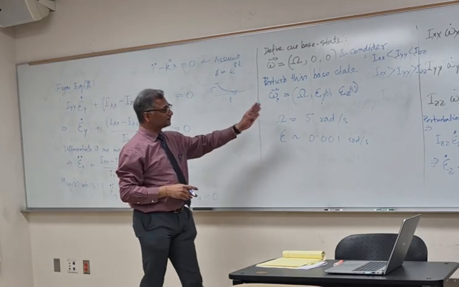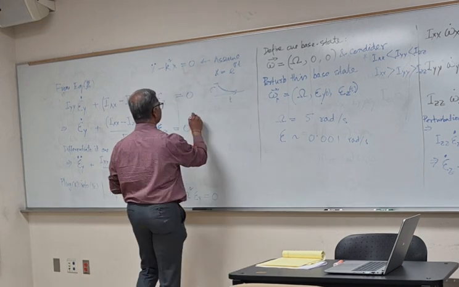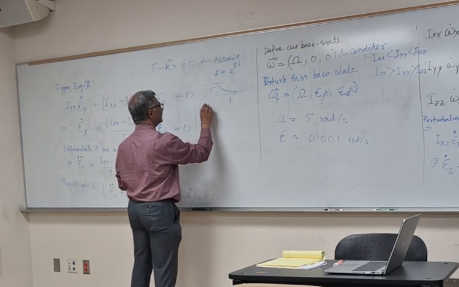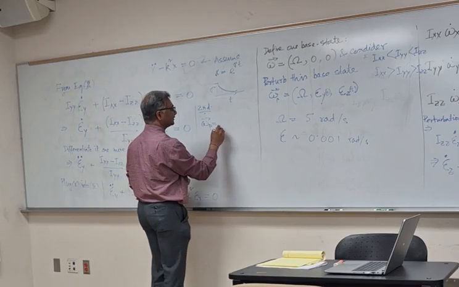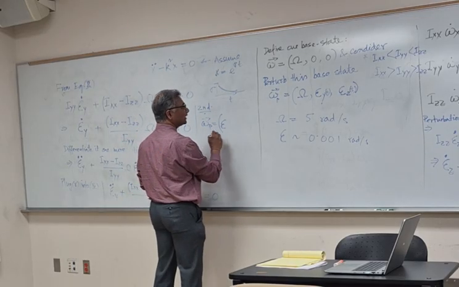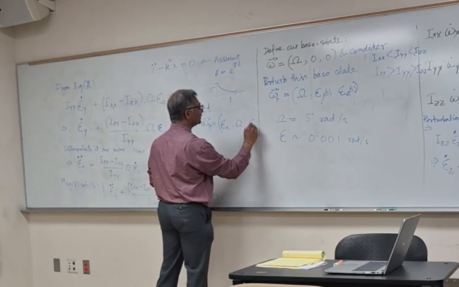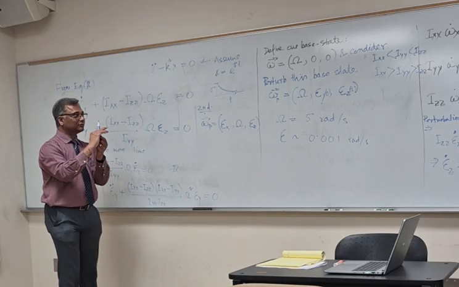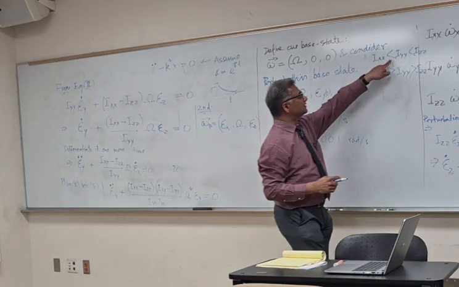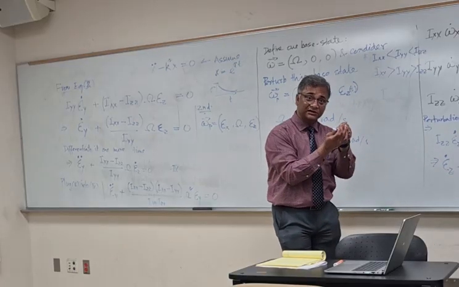But if you do the same analysis with the second perturbation, if you take the omega perturbation equal to epsilon x, omega epsilon z, the same thing, but now you have this intermediate moment of inertia, and you are rotating it about the intermediate axis.